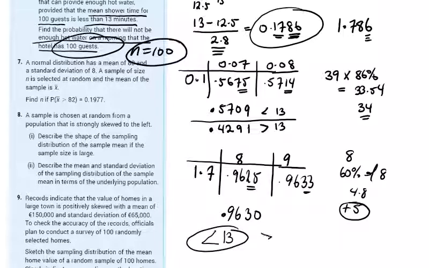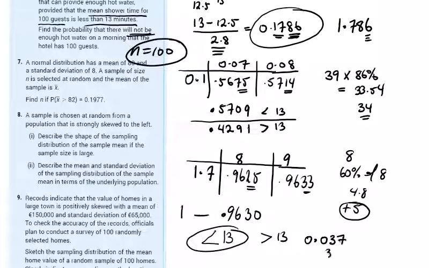So the probability of greater than 13, which would mean there will not be enough hot water, is 1 minus that. We're going to have 0.037 or a 3.7% chance of there not being enough hot water.